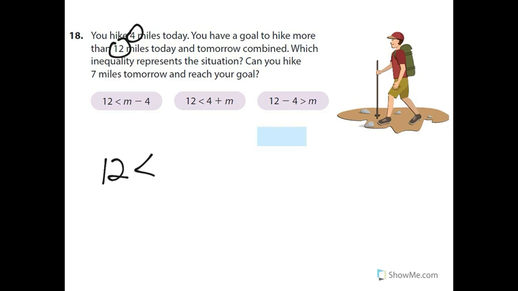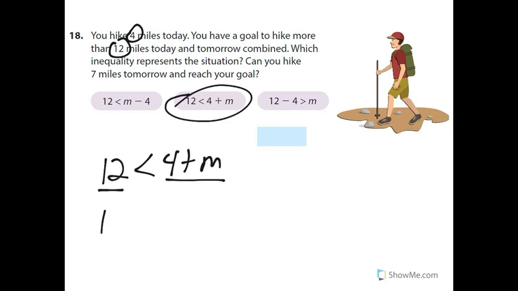Well, today you walked 4, and then the next one, you need to add it for 12 to be less than the 4 plus the number of miles that you walked. So which one is that? Right here.